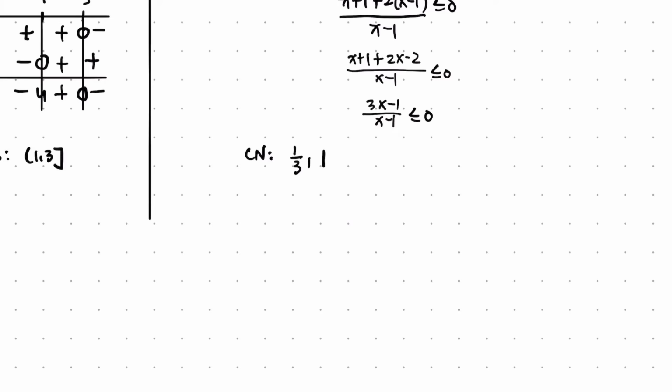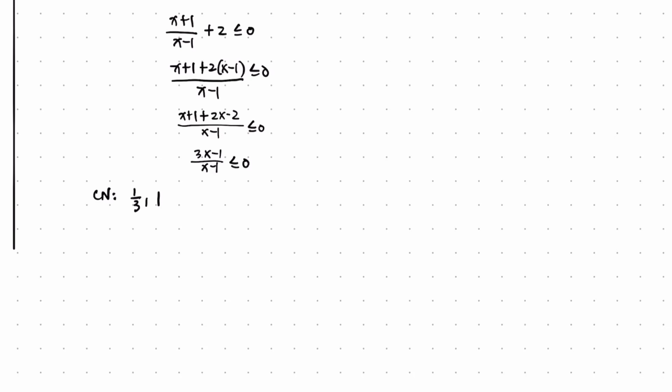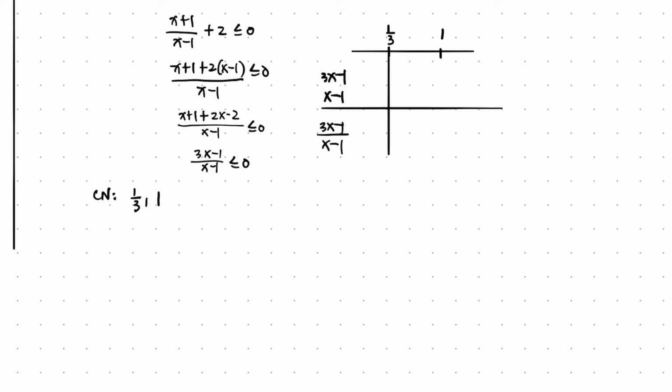Table ulit. Ito na pinaka-favorite part ko. 1/3, 1, lista yung factors dito sa gilid. Tapos, mga vertical lines. Per row natin gagawin. When x is 1/3, this is 0.